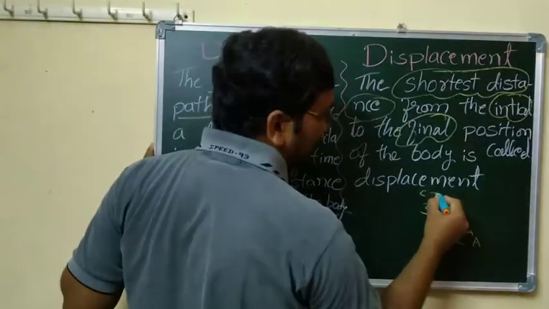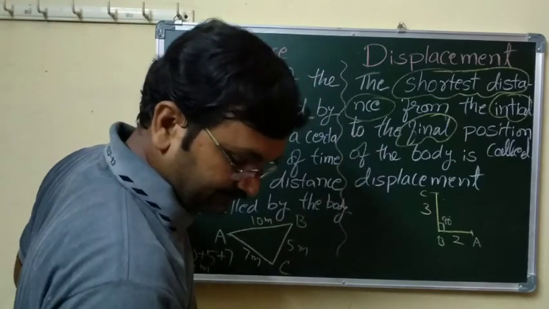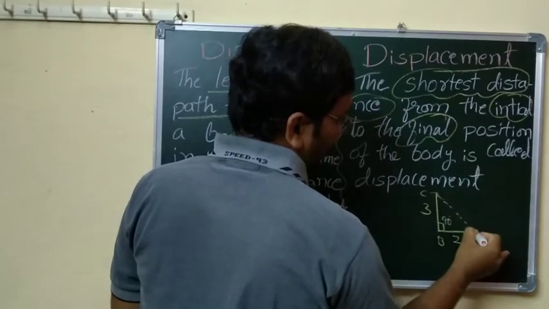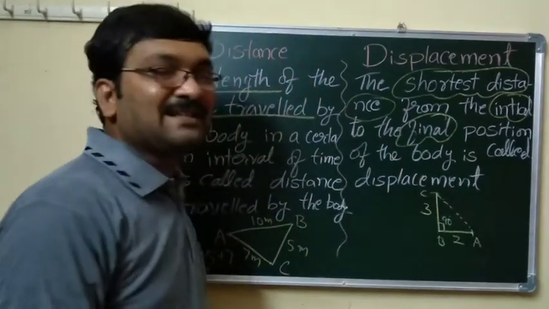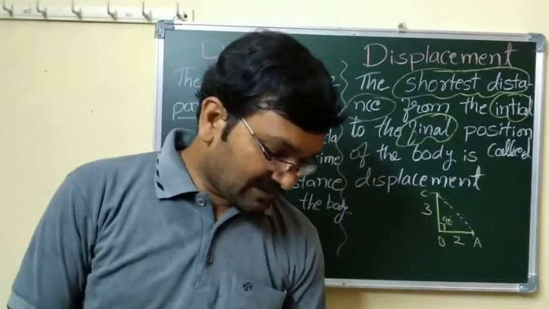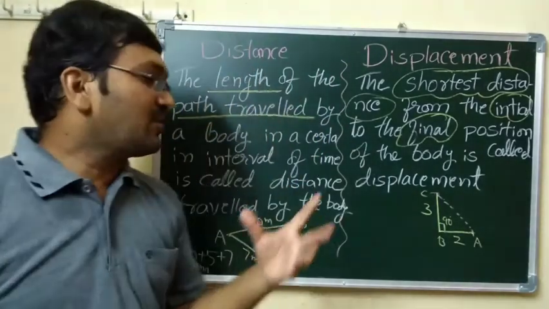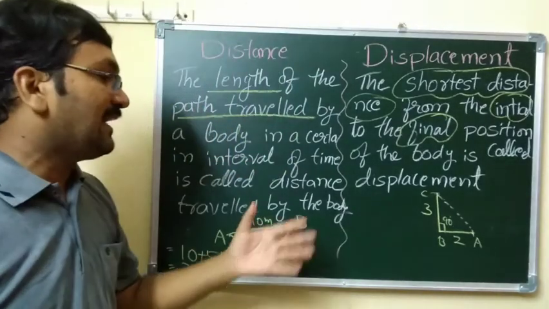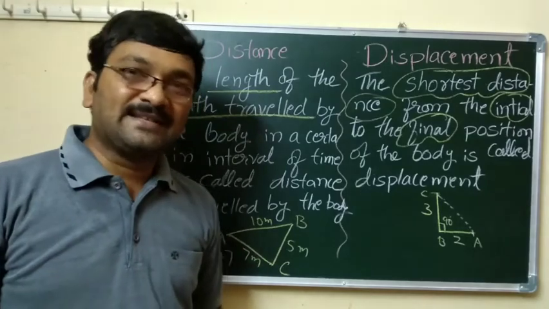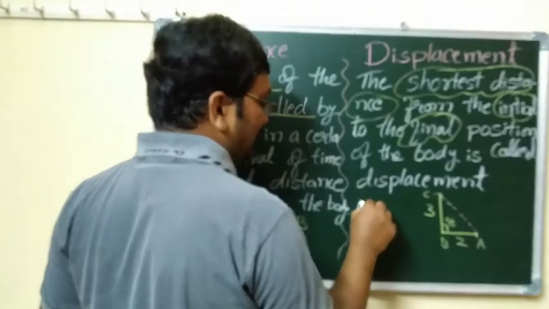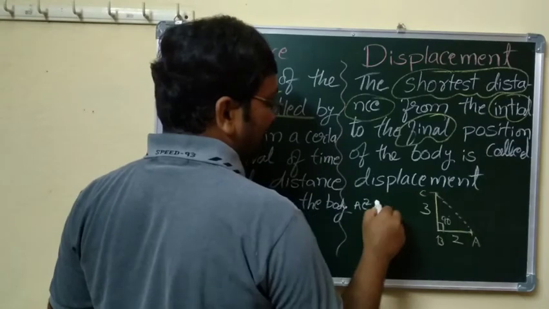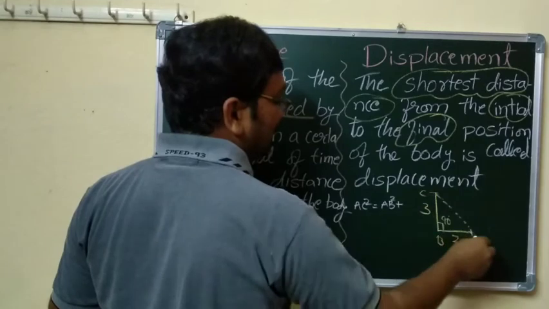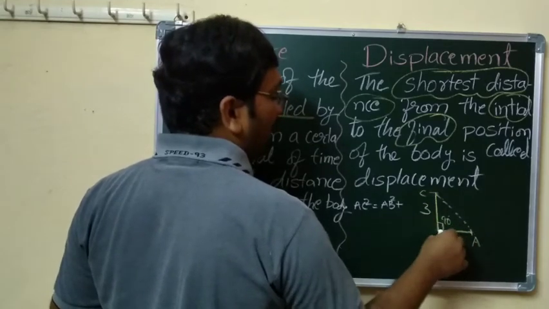What will be the shortest? Suppose we join A and C as a diagonal, the hypotenuse, then it is the shortest distance. How will we find it? According to the hypotenuse theorem, hypotenuse square, that is AC square, equals AB square, the adjacent side square, plus BC square, the opposite side square.